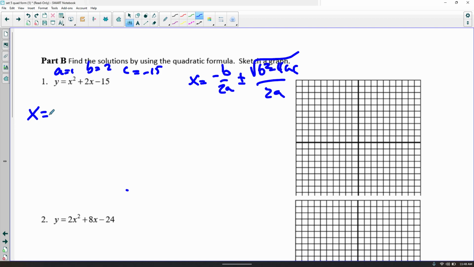Pause for you to catch up. So, what we're going to write down next? Jason, what's the opposite of B? Yeah, that's right, negative 2 over 2A is negative 1.